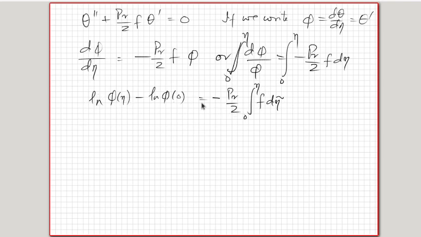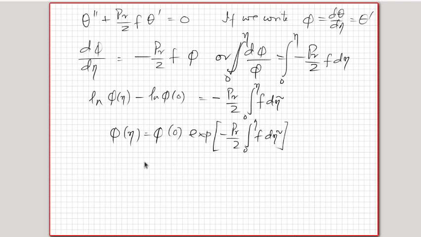So if I take exponents of both sides, I'll get phi at eta divided by phi at 0 would be equal to this in logarithms. So I get phi at eta is equal to phi at 0 into e to the power of minus Pr by 2 integral from 0 to eta of f d eta prime. Okay, so this is the expression that I get.